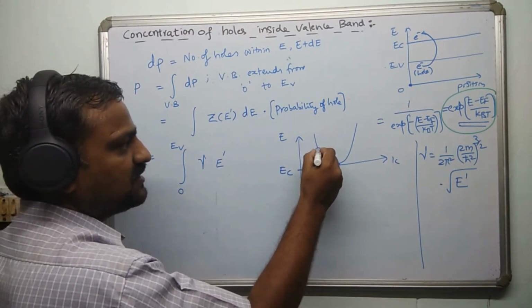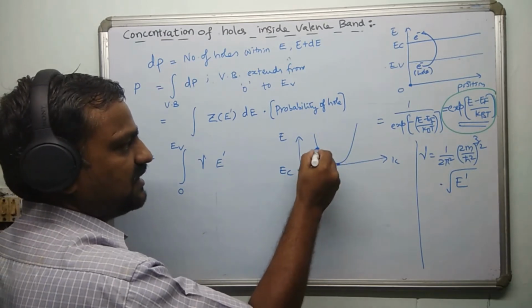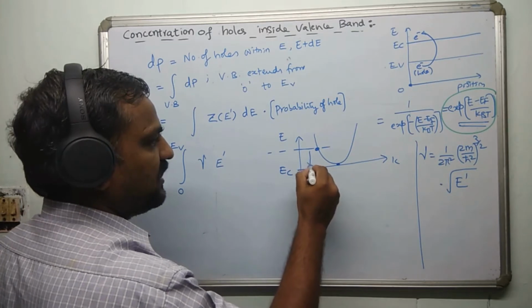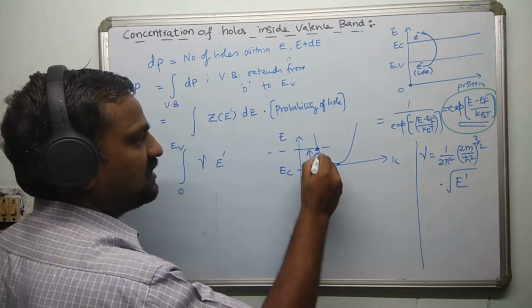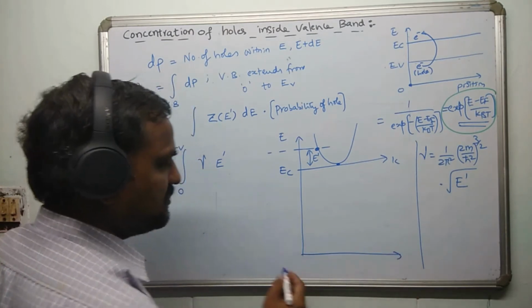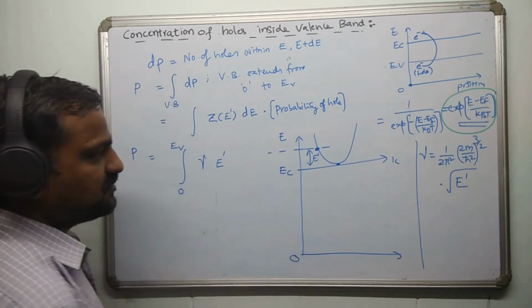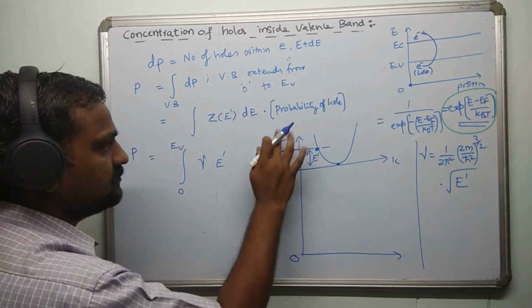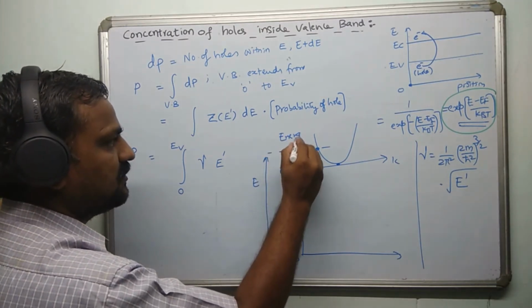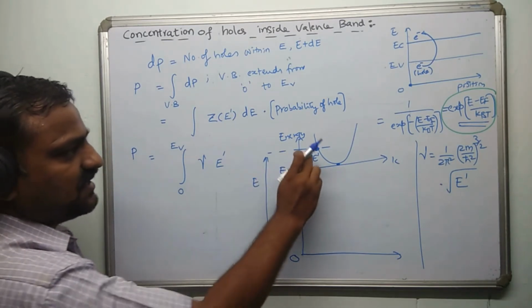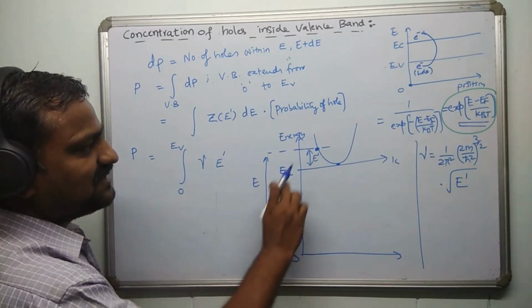So whatever energy of the electron, if you call this energy E, so the same point E, if you write it here, this is what I am calling E dash. So this is E dash, and if you take the ground here, this is the lowest level. So with respect to 0, its height is what you call as E. This is energy, right? So you can clearly conclude that in this case, E is nothing but EC plus E dash.